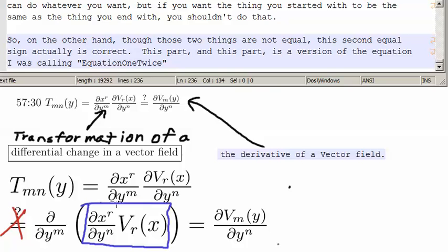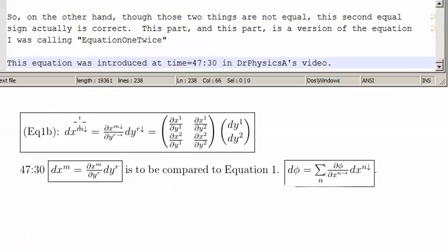This part and this part is a version of the equation I was calling equation 1 twice. This equation was introduced at time 4730 in Dr. Physics A's video. This was equation 1. And this is equation 1 twice.